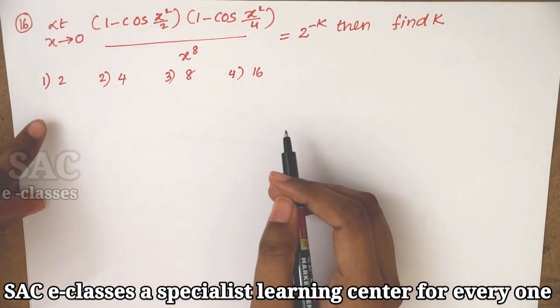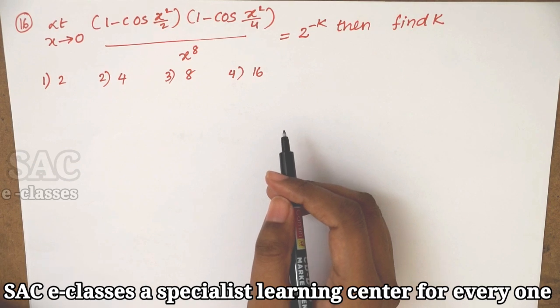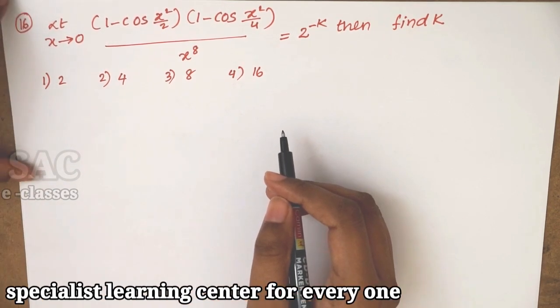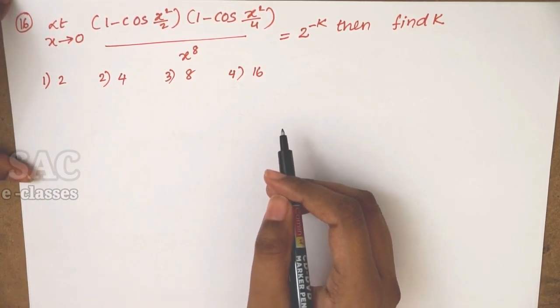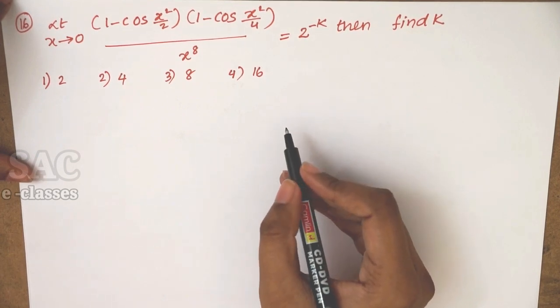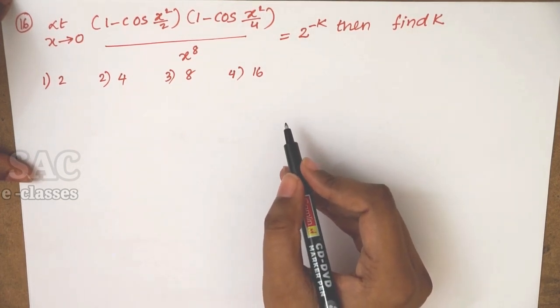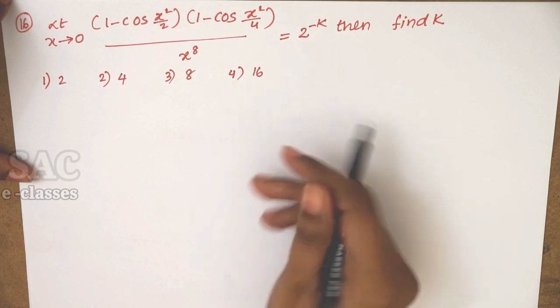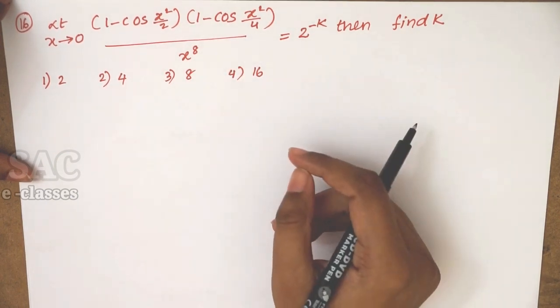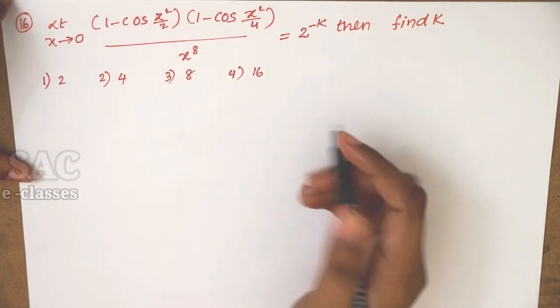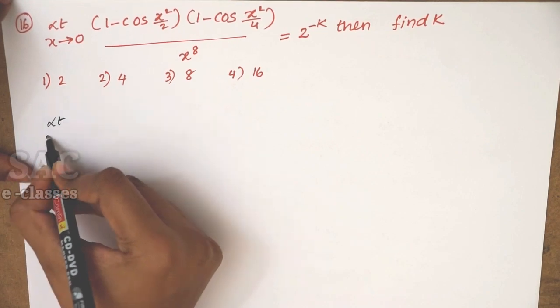I have one more interesting problem for you, that is limit x tends to 0, 1 minus cos x square by 2 into 1 minus cos x square by 4, whole by x power 8, which is the 0 by 0 form obviously. So let us go for the simplification.